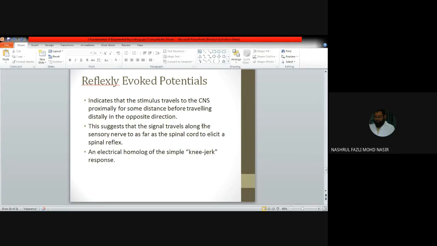So that's why I told you, in an exam question, I can ask about maybe the knee-jerk. I hope you still remember, I'm not sure myself, during Form 5 biology, we learned about the autonomous response.